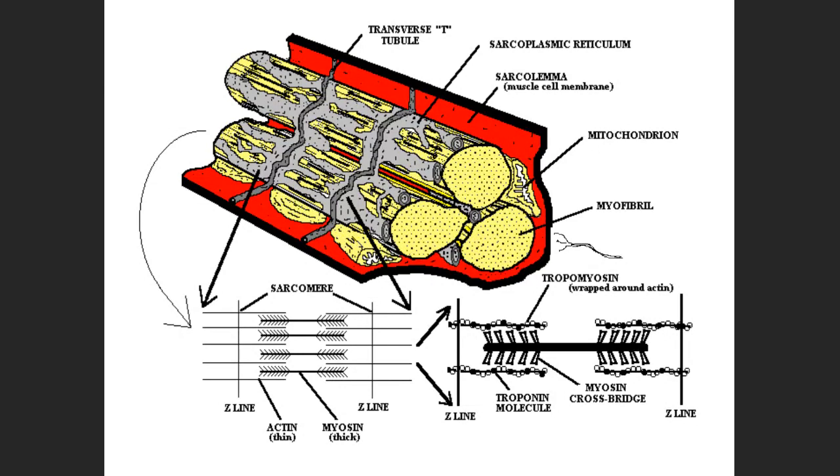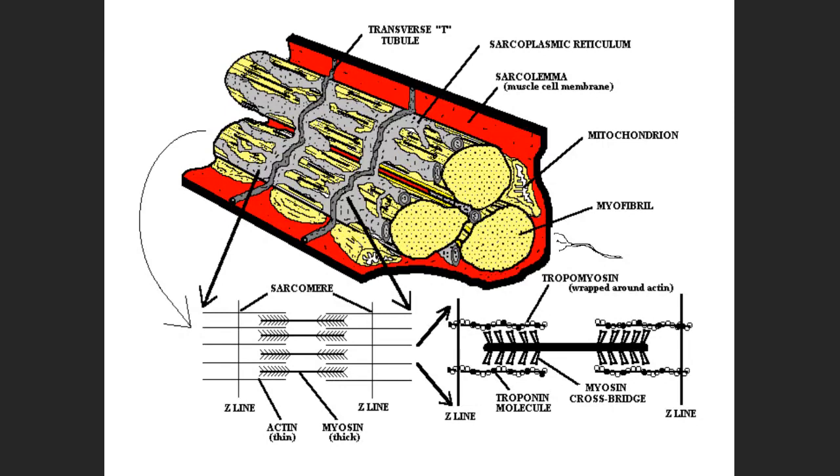And the myosin has little, looks like, the feathers of an arrow on both ends. Those are called cross bridges, and they are cocked back. They are pulled back like a mousetrap, ready to spring. And right now they're just sitting there, so you can see the diagram. But in the next few minutes, you'll see how they work.